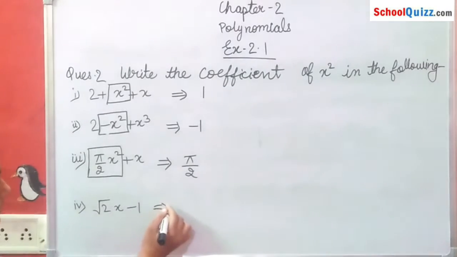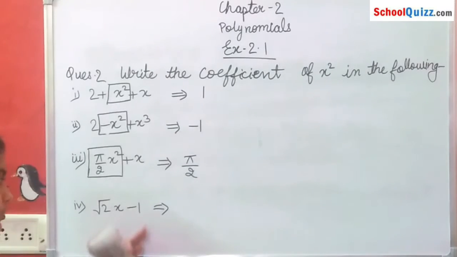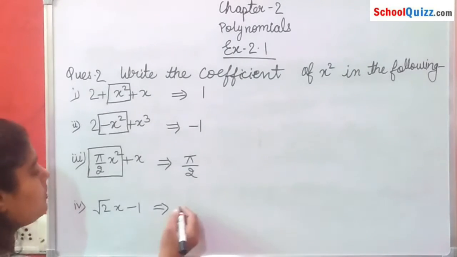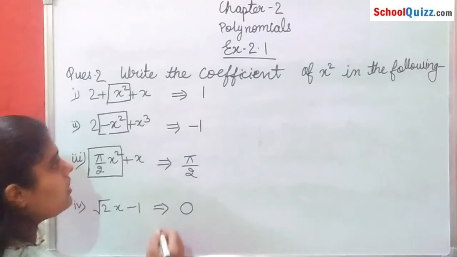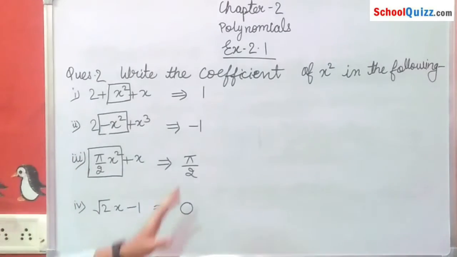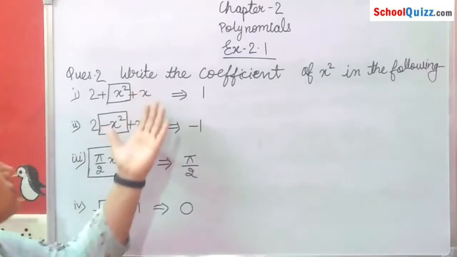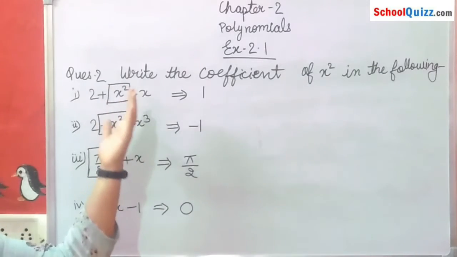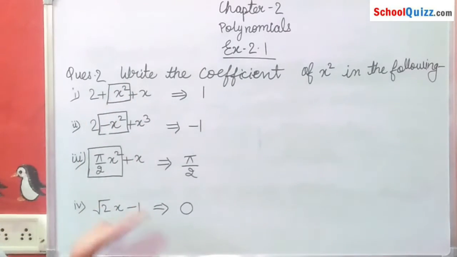Now similarly in the next question, पूरे एक्सप्रेशन में कहीं भी x square नहीं है, so there is no x square in the following expression, so here the coefficient of x square is 0. अब कोफिशिएंट जब भी हमसे पूछा जाए हम जस्ट उस टर्म को देखेंगे, उसके आगे क्या नंबर लग रहा है, क्या वेरिएबल लग रहा है, that is their coefficient.